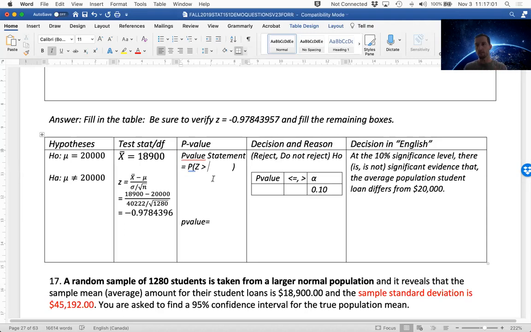We're conducting a two-tailed test. So that means that our p-value is going to be equal to the probability that z is greater than 0.9784 plus the probability z is less than negative 0.9784.